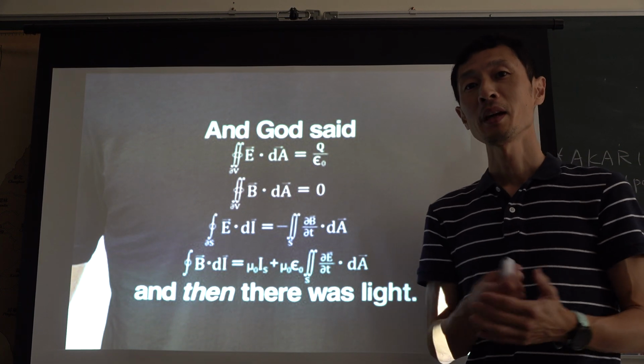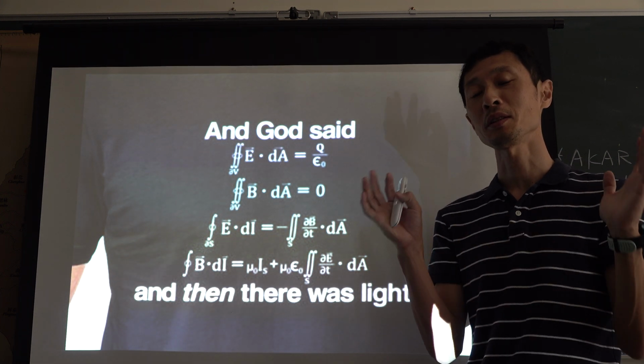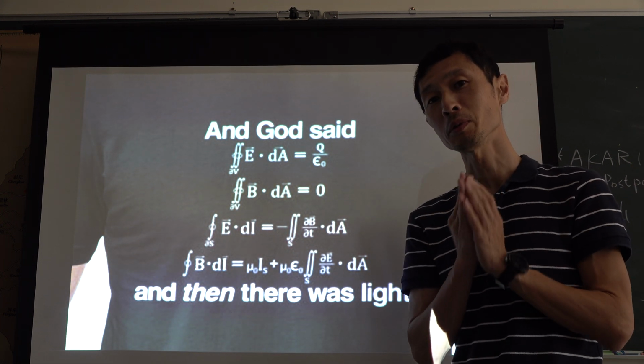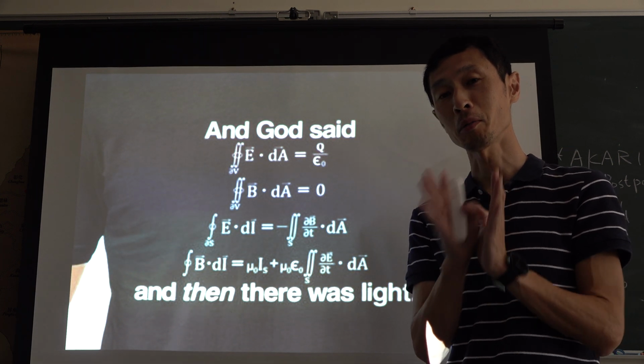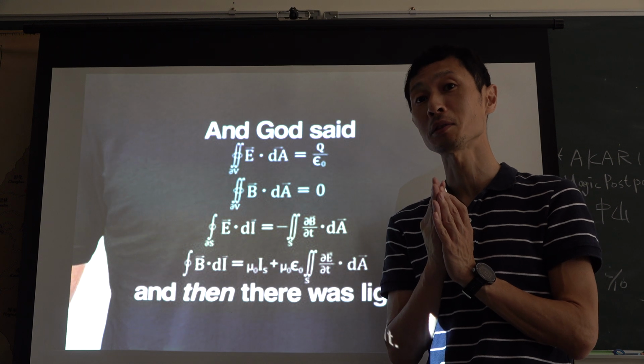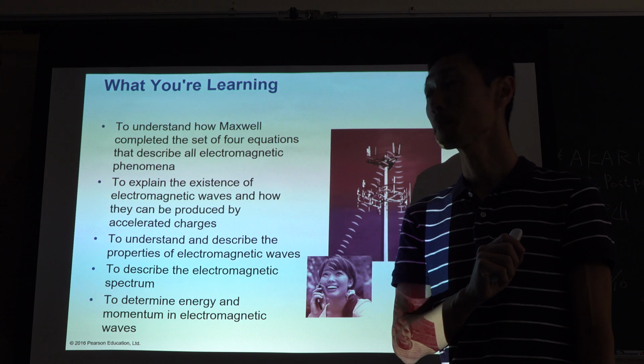So today we're going to look at Maxwell's equations. These are some of the most beautiful equations in physics, and I hope you understand the reason why it's so beautiful. So today's topics are something like this.